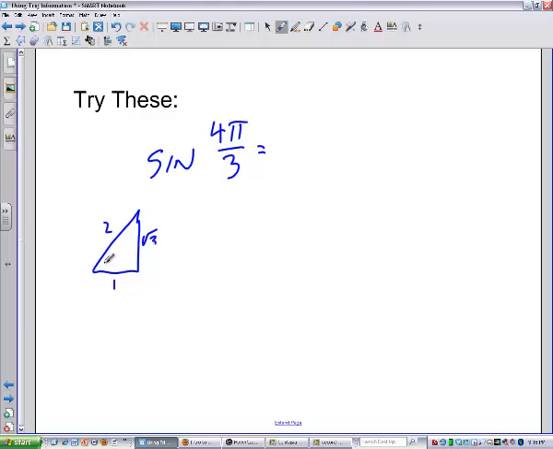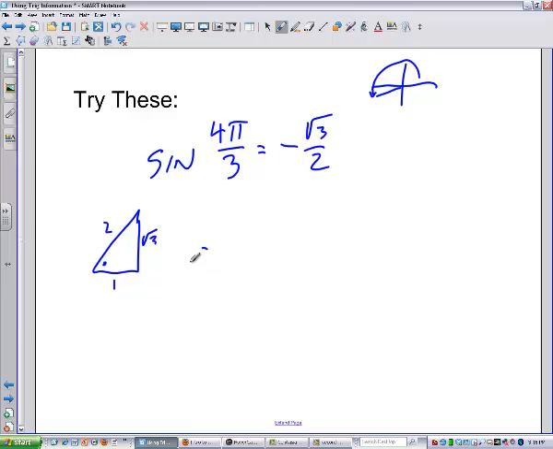And the pi over 3 is down here. 4 pi over 3, what quadrant are we in? Okay, we're over pi, so we're in the 3rd quadrant, right? Is my sign positive or negative? Sign is negative. So then I'm just worried about, well, what's the sine of pi over 3? Sine of pi over 3, opposite over hypotenuse, root 3 over 2. So it's negative root 3 over 2.